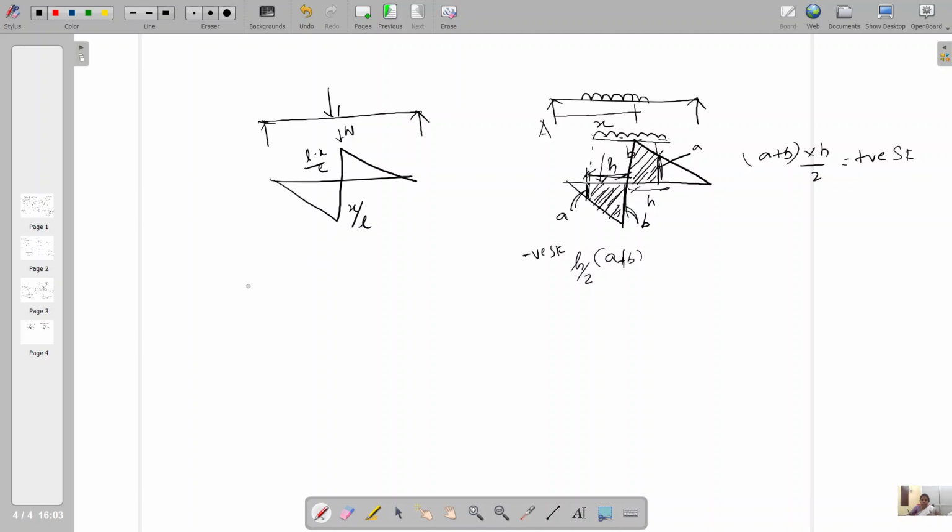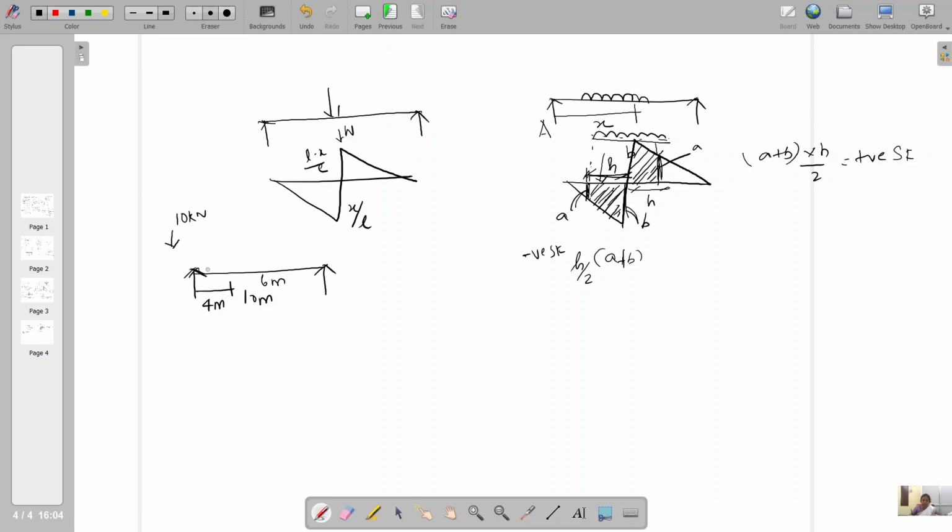Now I think the influence line concept is only based on the geometry. For example, we consider the span of 10 meter and the section is 4 meter. The remaining span is 6 meter and I am taking the load as 10 kilonewton.